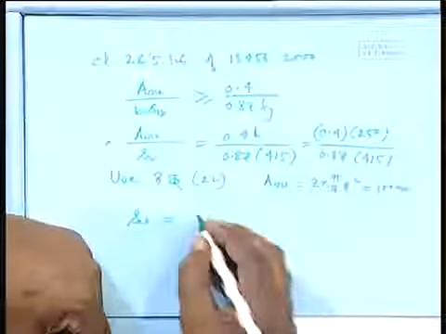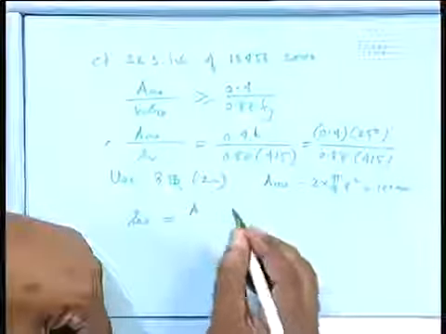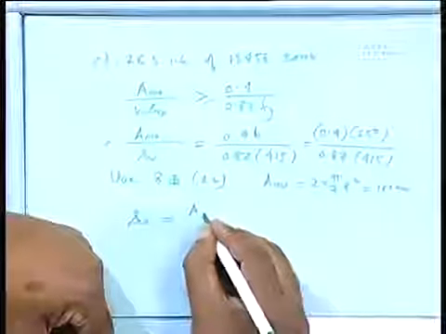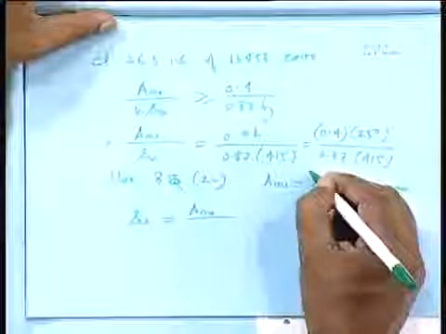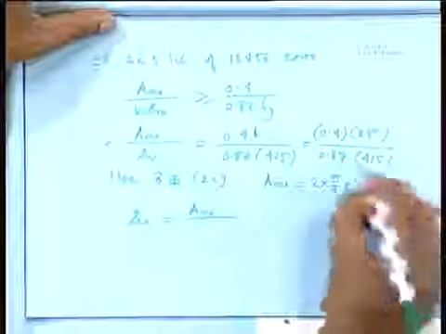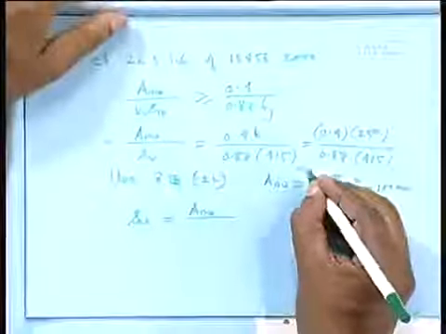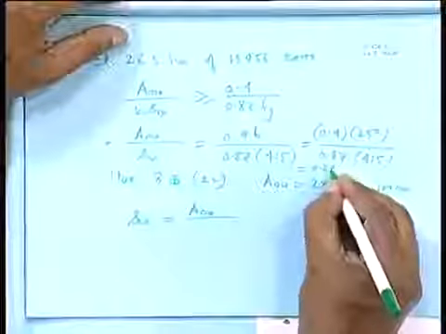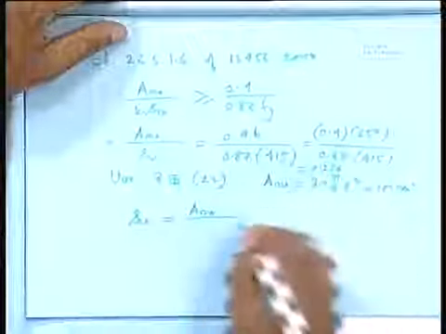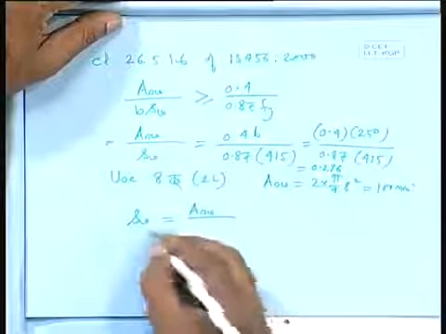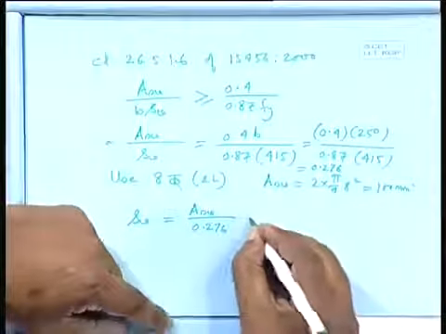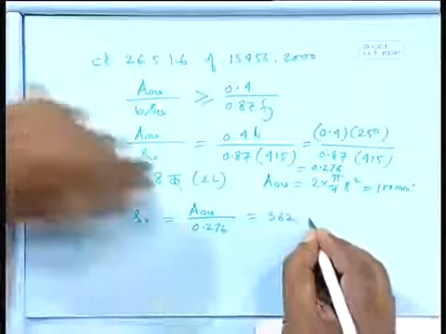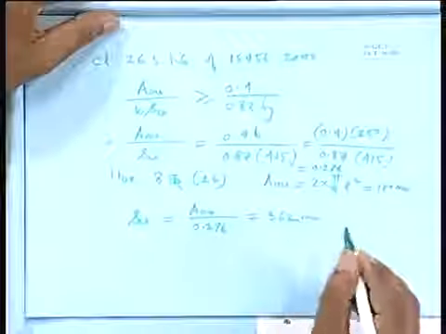SV equal to ASV by how much is this value? ASV by SV comes as 0.276. So, from there we can find out SV equal to 362 millimeter.